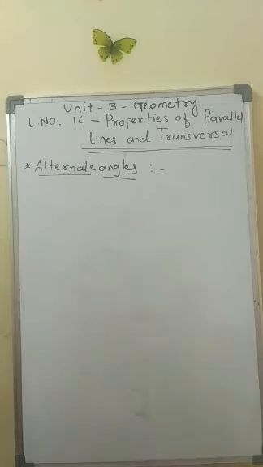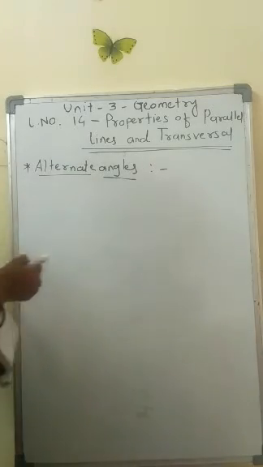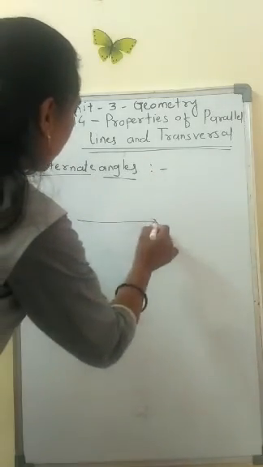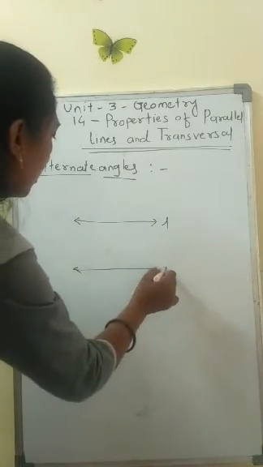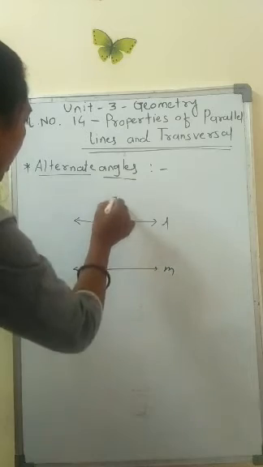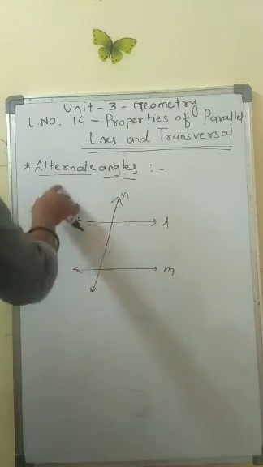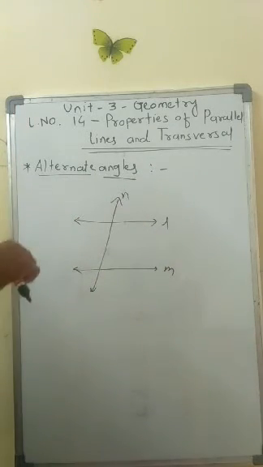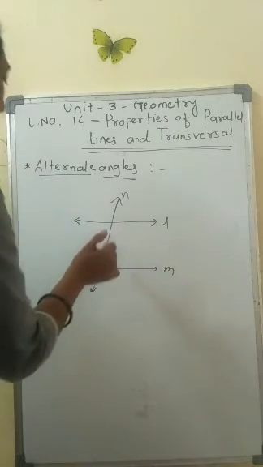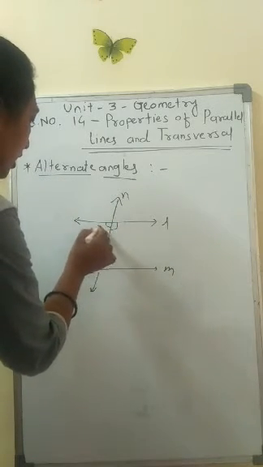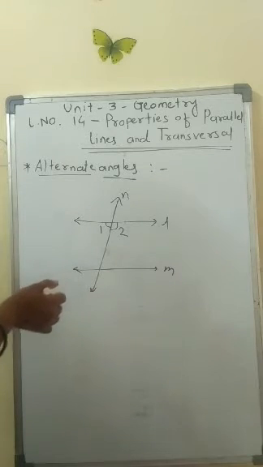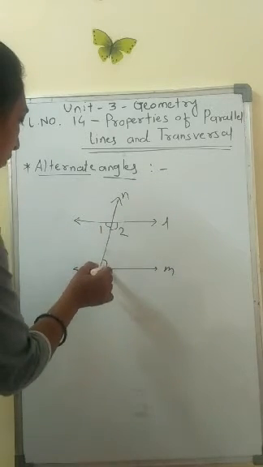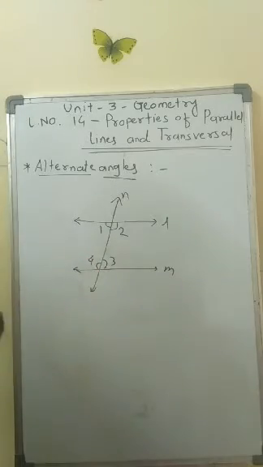And the next type is the alternate angles. If two parallel lines, line L and here line M, are intersected by a transversal, then alternate angles are formed. But here you always get alternate angles in the interior portion. Suppose we give numbers for the interior angles: angle 1, angle 2, angle 3 and angle 4.